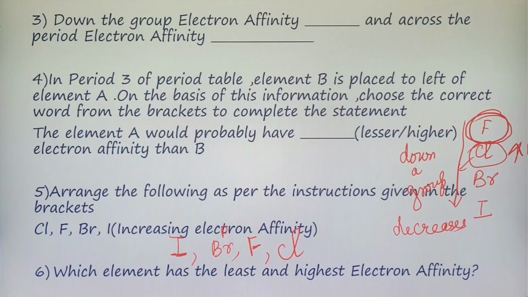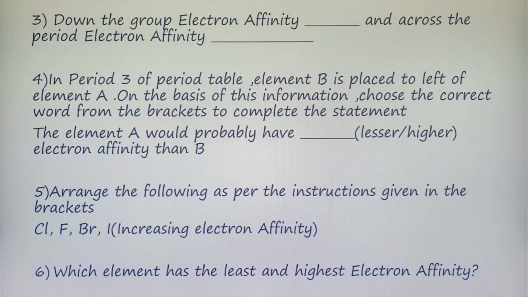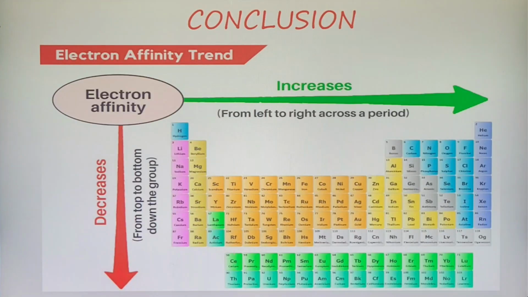Clear? Next question. Which element has the least and which element has the highest electron affinity? In the whole periodic table, please remember this. We know from left to right, the electron affinity is increasing. So which element will have the highest electron affinity, children?